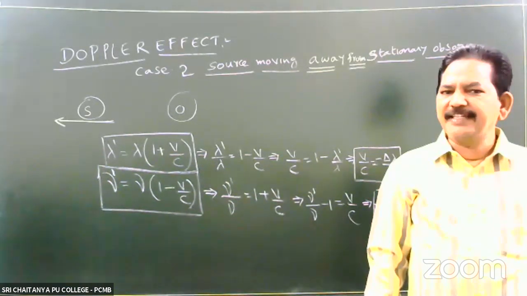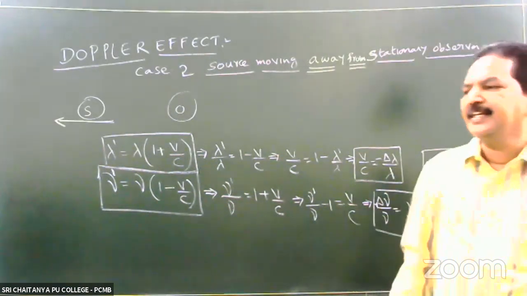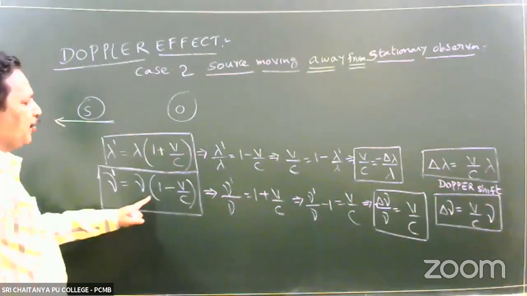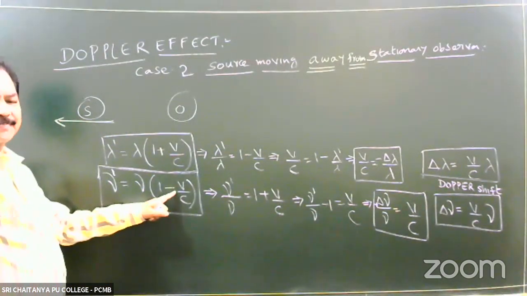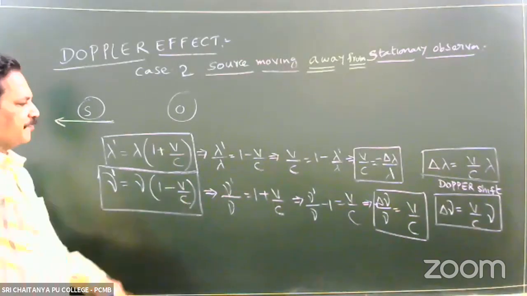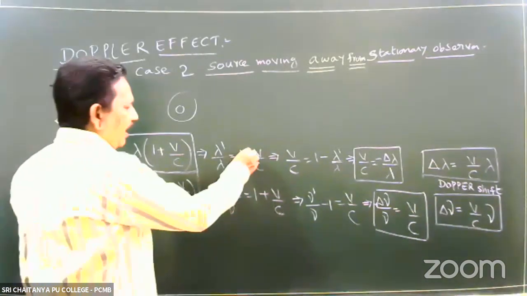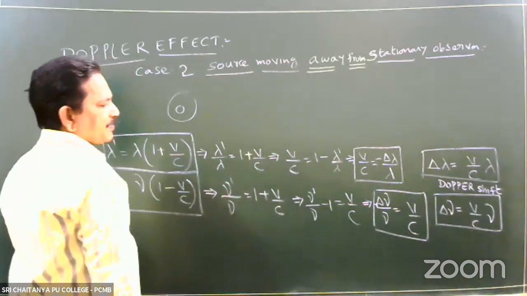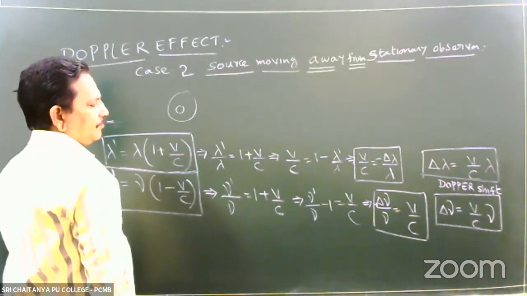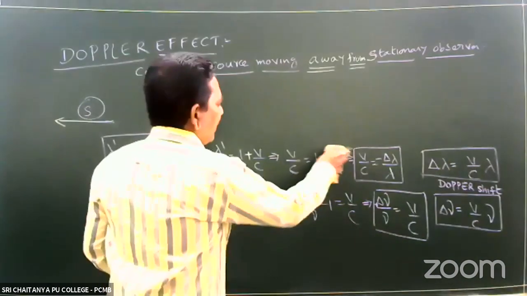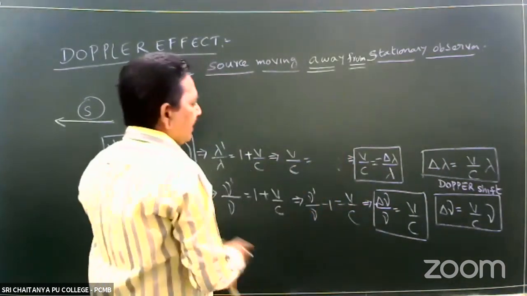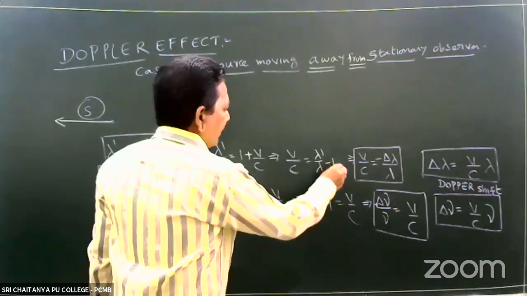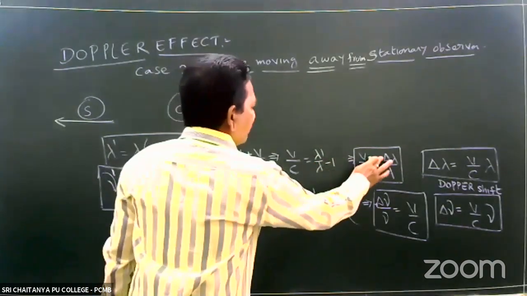If the wavelength increases, frequency decreases. So nu dash is equal to nu into 1 minus V by C. Calculate the fractional change. This will become plus. So here lambda dash by lambda minus 1. So we will get plus sign.